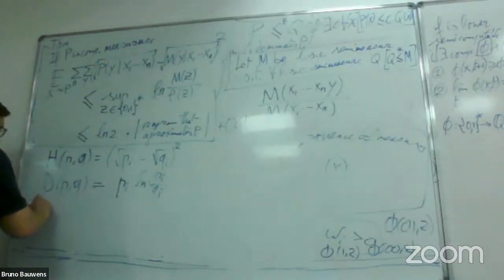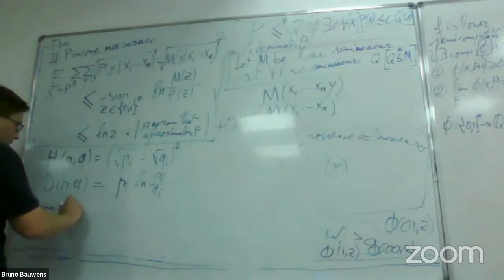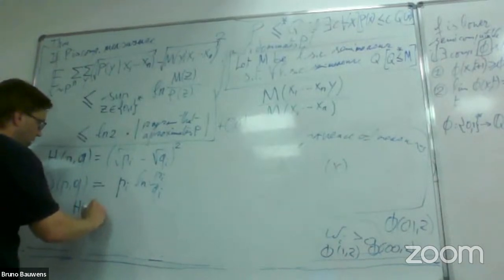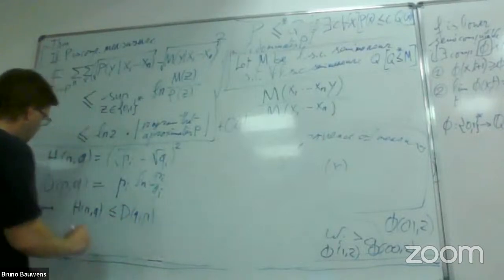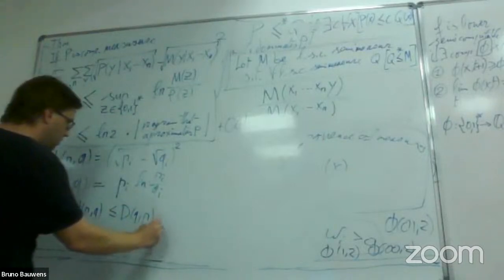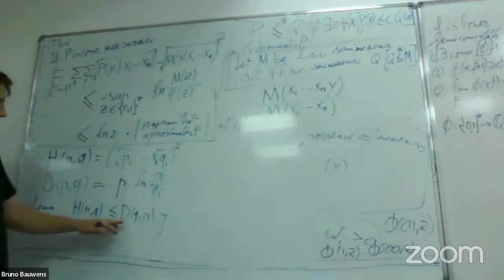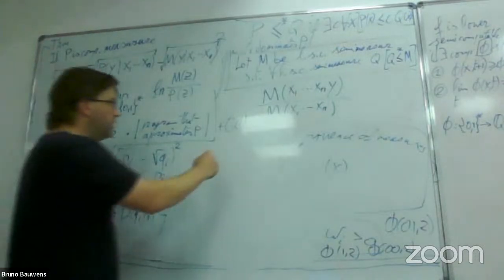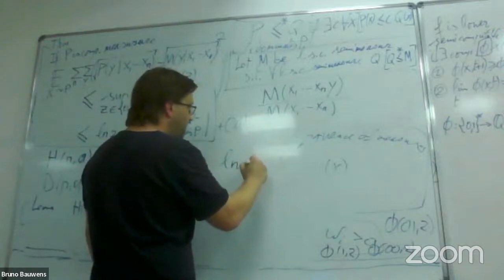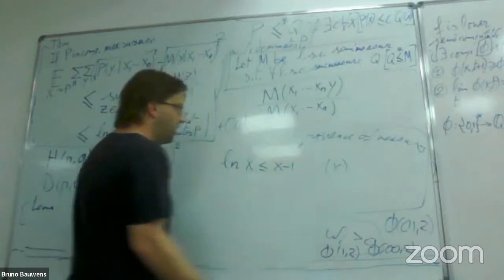Okay, and the first lemma is that the Hellinger distance is bounded by the Kullback-Leibler distance. It's kind of a computation. I will skip it and you will need to learn it yourself, but it's easy. It basically follows from the bound ln x smaller than x minus 1.